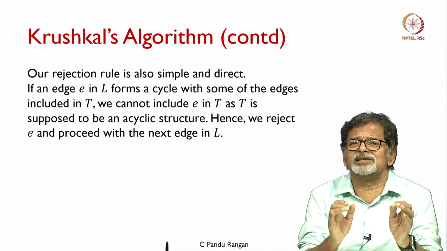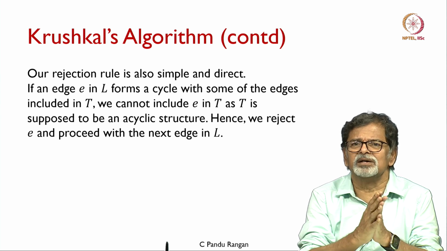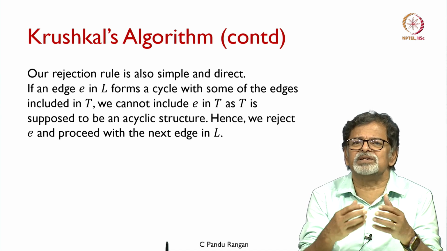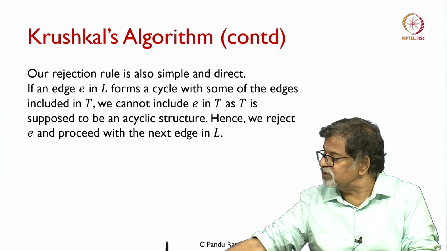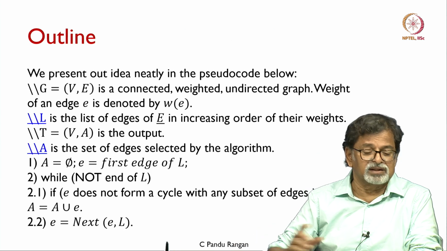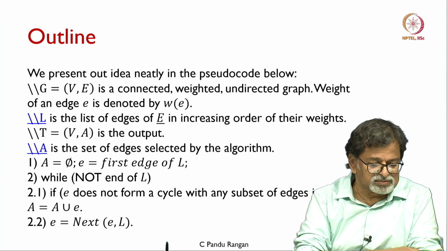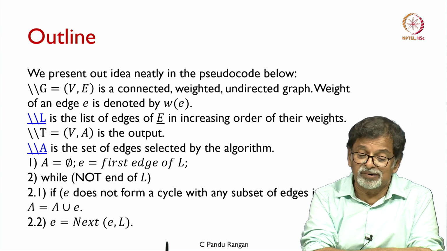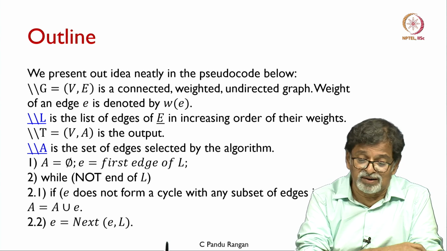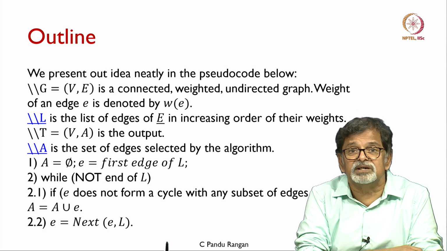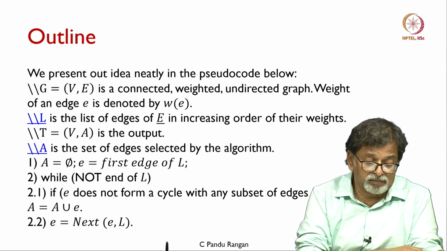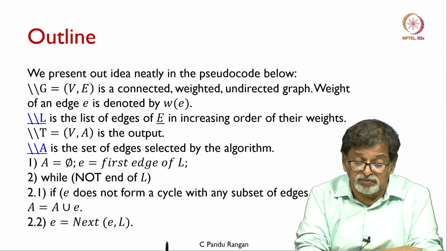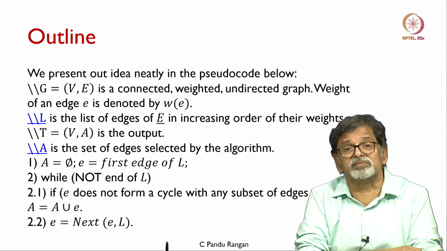First, let us take a look at a simple example to understand the way in which the algorithm works. Here is the outline or pseudocode of the algorithm. G is a connected, weighted, undirected graph. The weight of an edge is denoted by w(E). L is the list of edges in the increasing order of their weights.